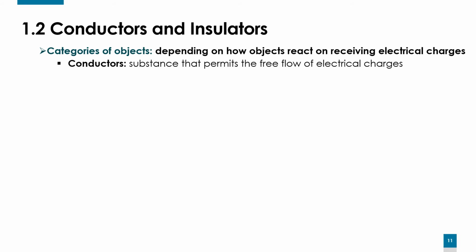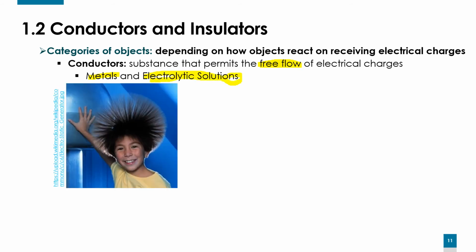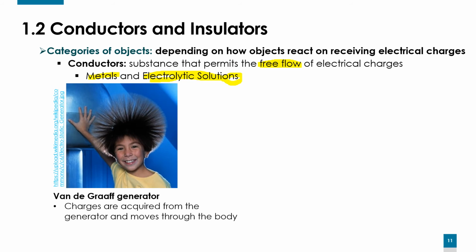So what are conductors? They permit the free flow of electrical charge. They are the metals and the electrolytic solutions. For example, here, have you ever done this experiment before? This is called a Van de Graaff generator. What happens here? The Van de Graaff generator is giving some charge.